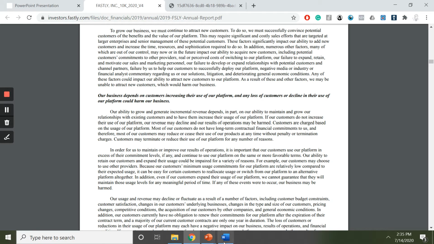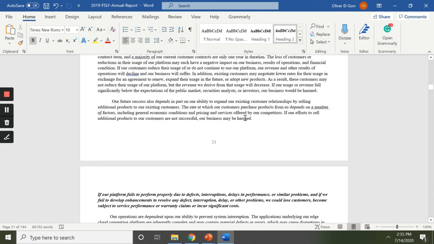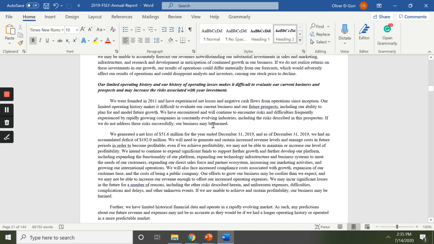Now, let me switch to the Word version of this because I've highlighted some risks that are company specific and will be very useful to your investment process. Here, for example: our limited operating history and our history of operating losses make it difficult to evaluate our current business and prospects and may increase the risks associated with your investment.